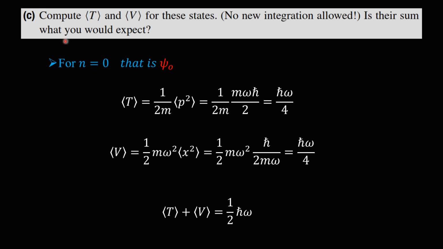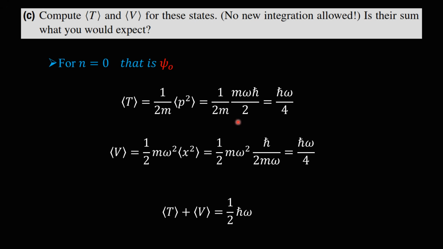So section C is compute the expectation value of kinetic energy T and the expectation value of potential energy V for this state. First, you take the case of n equal to 0, that is psi 0. So the expectation value is 1 over 2m times the expectation value of p squared.